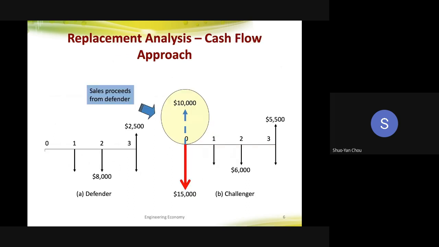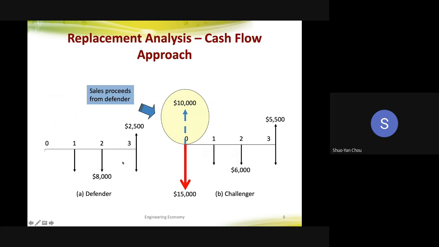Let's look at the cash flow approach. So the cash flow approach will be like this. We have the defender. Right now we are at time 0, looking towards the future. Here we simplify the situation and say we just have three more periods.